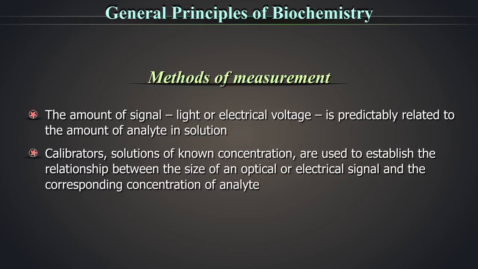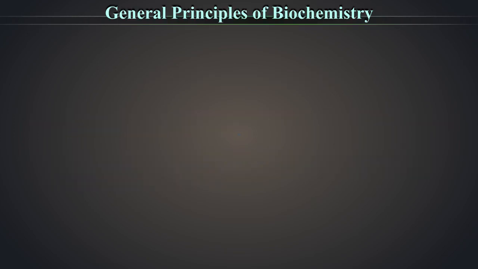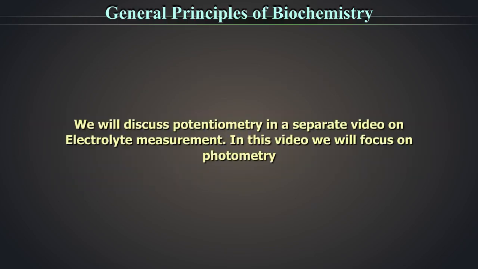Calibrators are solutions of known concentration and are used to establish the relationship between the size of an optical or electrical signal and the corresponding concentration of analyte. We will discuss potentiometry in a separate video on electrolyte measurement. In this video, we will focus on photometry.